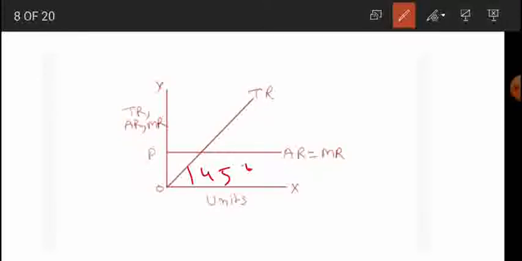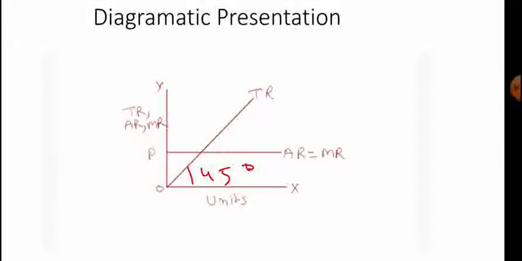So keep in your mind, in perfect competition, when price of the commodity remains constant, AR is equal to MR and the curve is horizontally parallel to x-axis. Number 2, total revenue increases at constant rate.